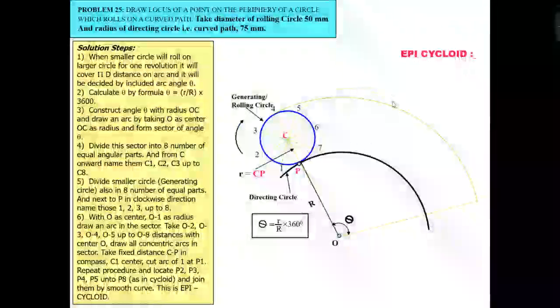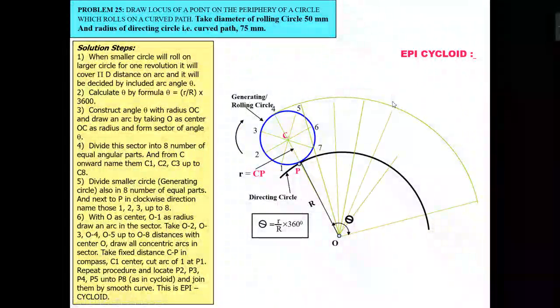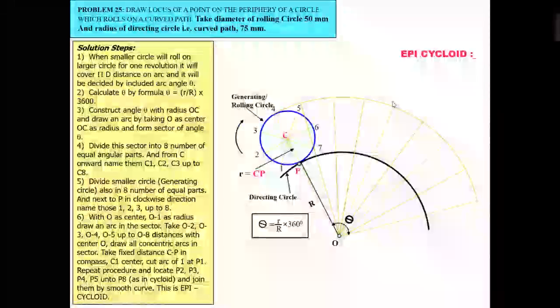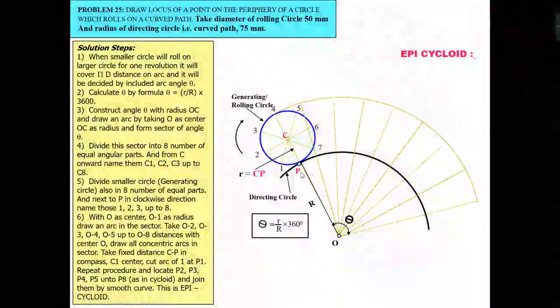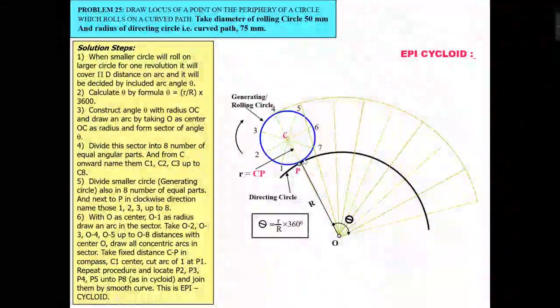Like that you can divide the angles, or you can also do it by measuring the angles. So this is how you have to cut the arc into 8 equal parts.